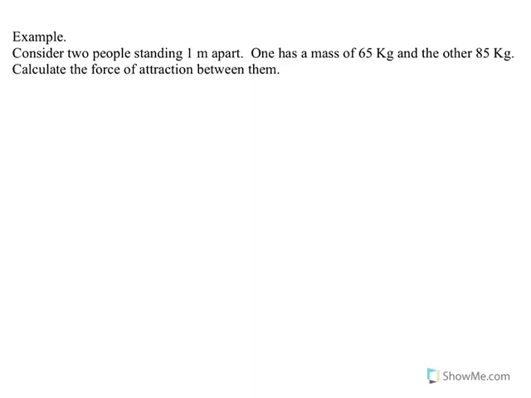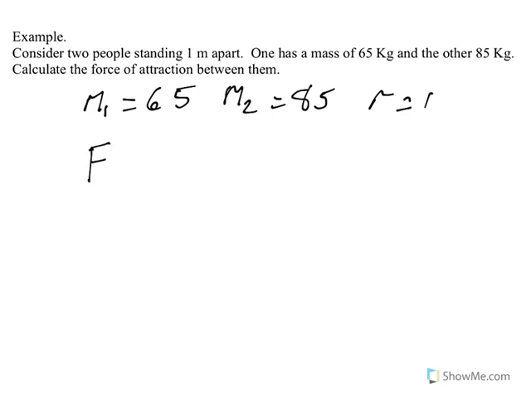Calculate the force of attraction between them. So M1 is 65, M2 is 85, R equals 1, and the universal law of gravitation says this.